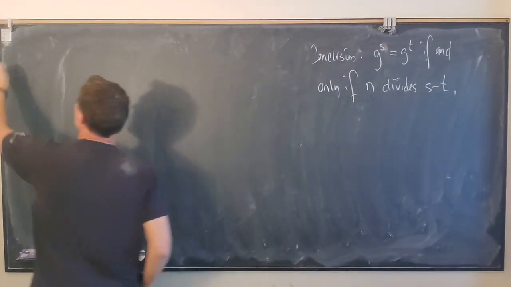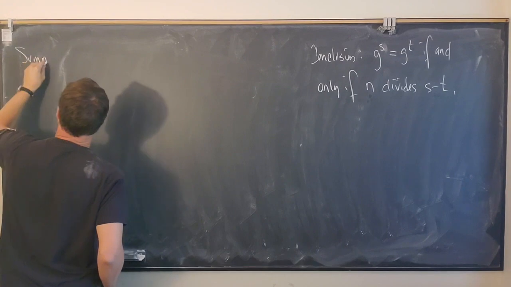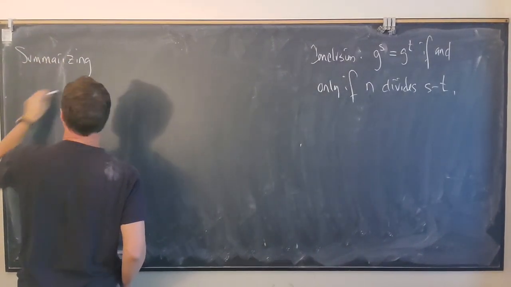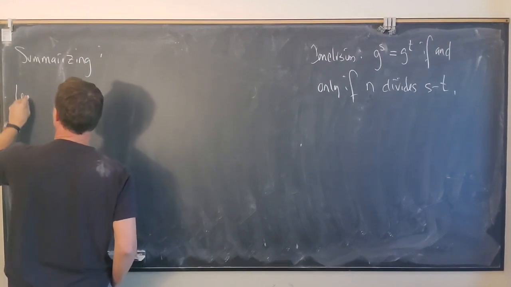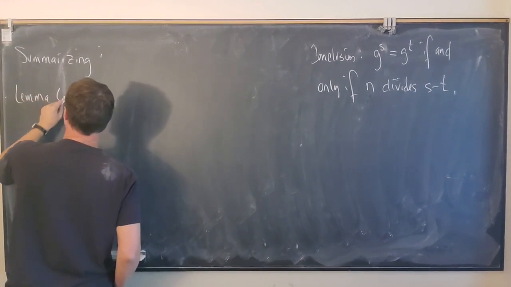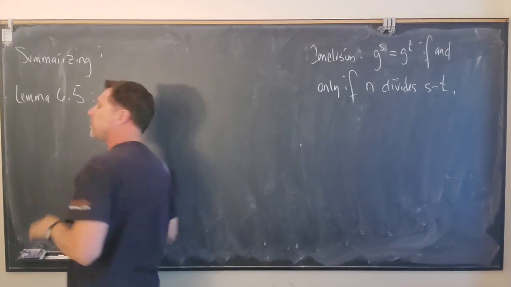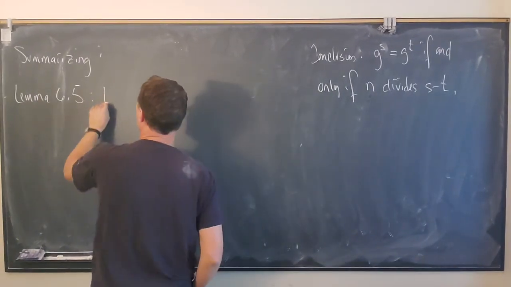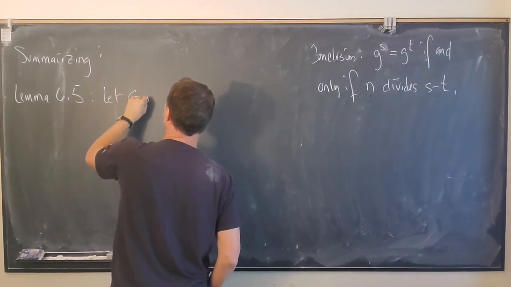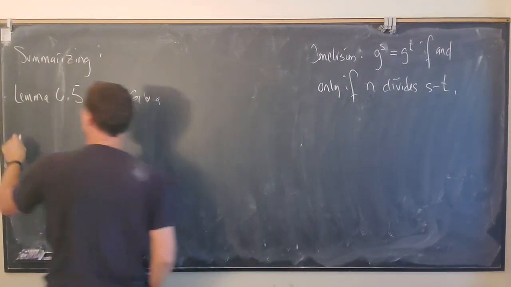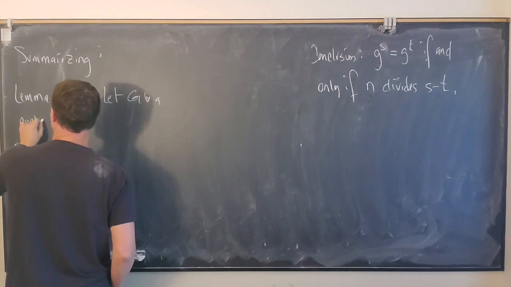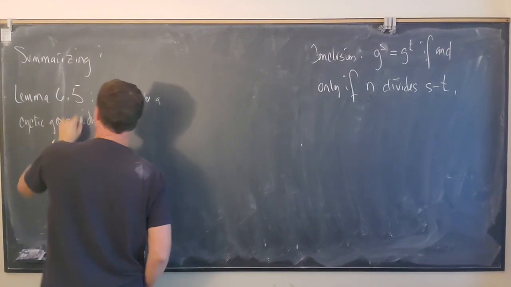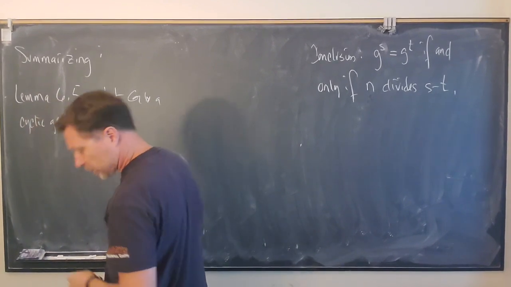And so summarizing, we're going to call this Lemma 6.5, and it's going to take all of what we've done in this last discussion and put it in one place. So let G be a cyclic group with generator g.